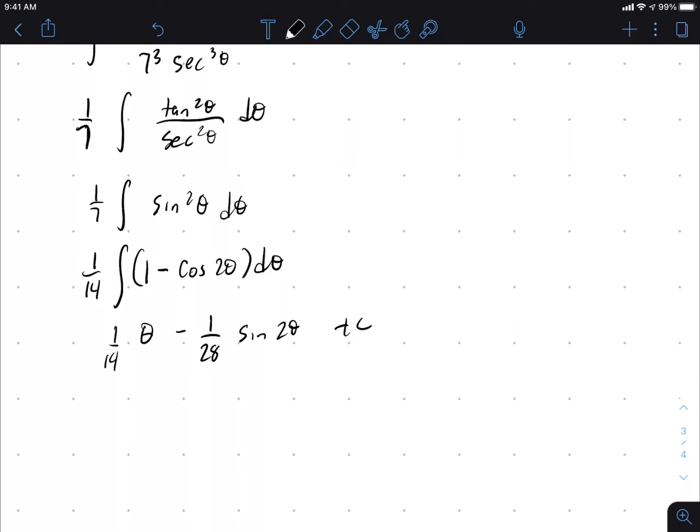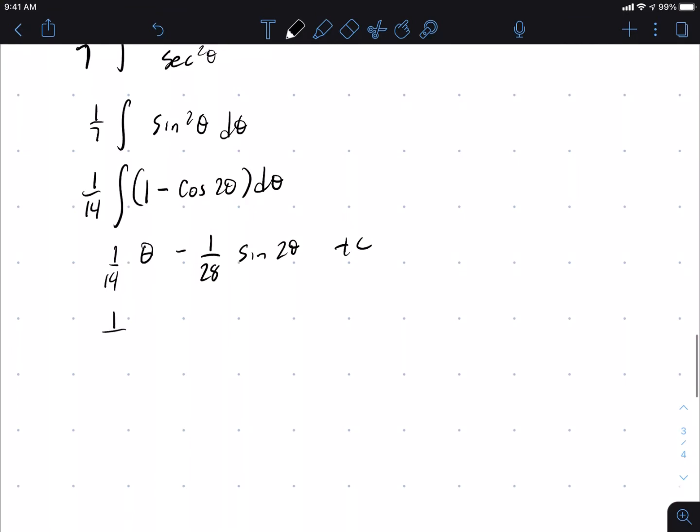Okay, I think that's right. Can we break up the sine 2 theta? We break up the sine 2 theta into 2 sine theta cosine theta. Oh, no, no, I won't do that. I mean, I can do that if you'd like. But it's probably easier when we do the substitution for our trig, right? When we do the triangle. So we can do that.